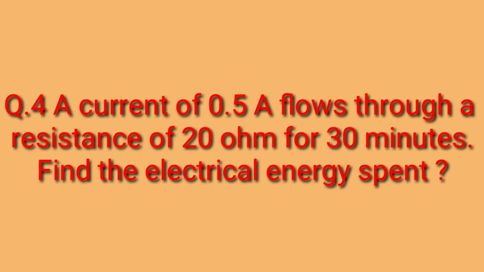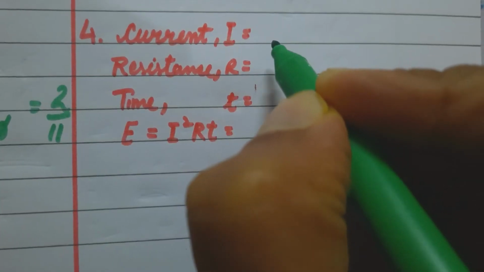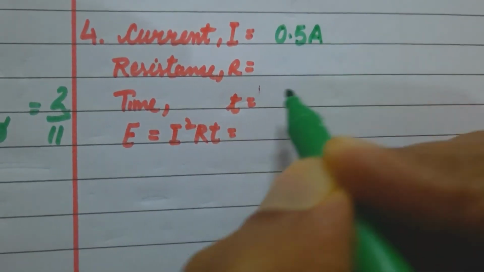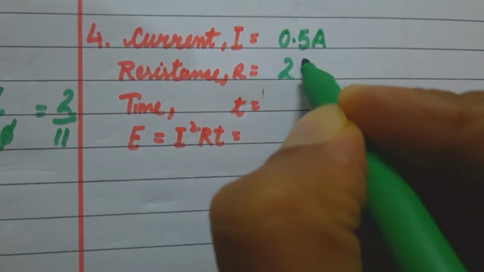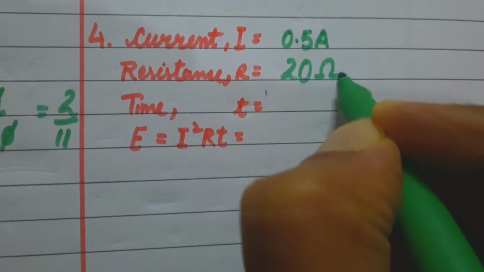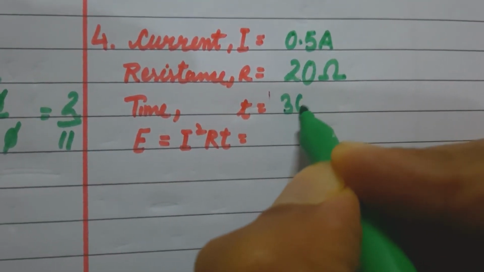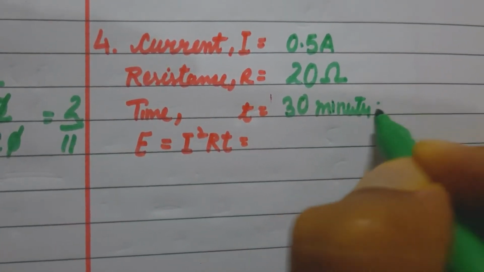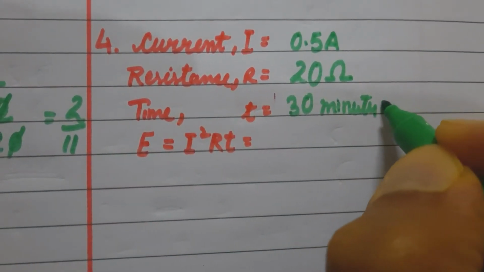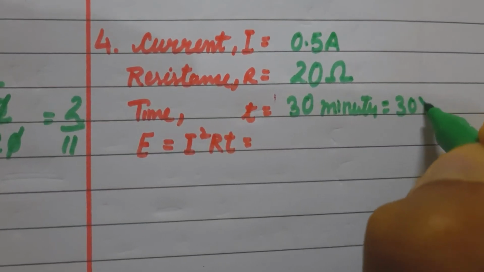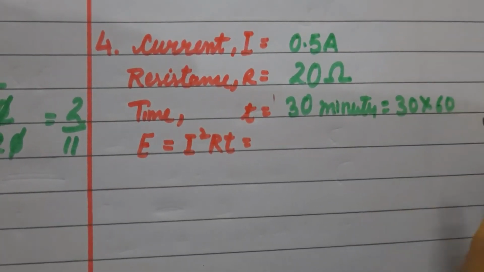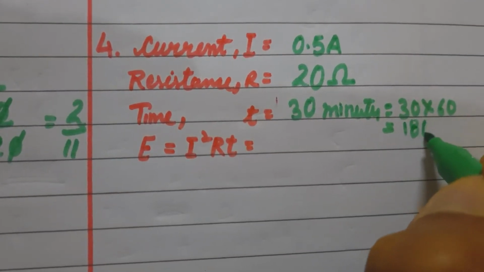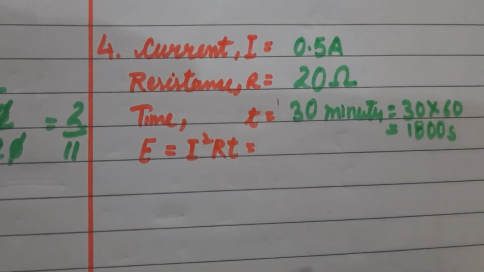Question 4. A current of 0.5 ampere flows through a resistance of 20 ohm for 30 minutes. Find the electrical energy spent. Current is 0.5 ampere, resistance is 20 ohm, time is 30 minutes. We have to convert it into seconds. 30 multiplied by 60 will become 1800 seconds.